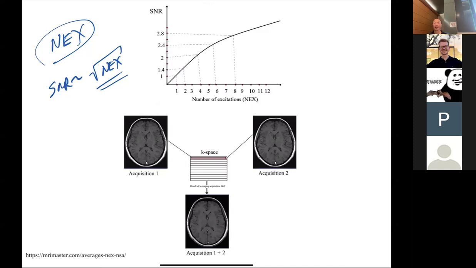But it's a costly process because it's the square root of time. To double your SNR, you have to spend 4 times as much time. So you're always looking at other ways of reducing the noise as opposed to averaging. But the basic idea is fairly simple. Instead of getting one K-space acquisition, you get two, and then you average them together. So you're reducing the amount of noise you have in K-space.